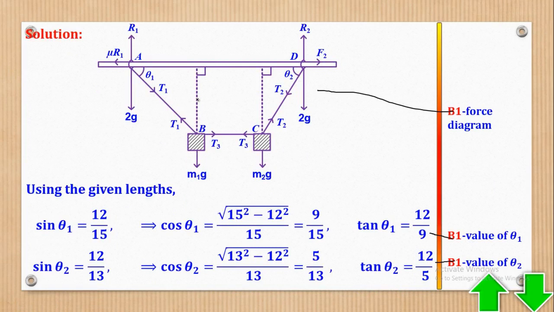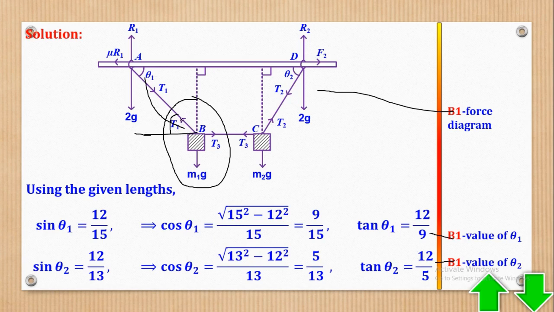So at point B, the forces acting at the particle are these ones. When I resolve horizontally, this angle θ1 is also the same as that, because of alternate angles. Therefore the angle is lying on the horizontal, meaning the horizontal component will have cos.